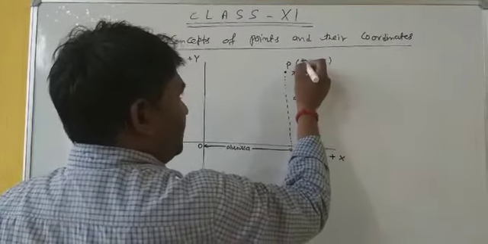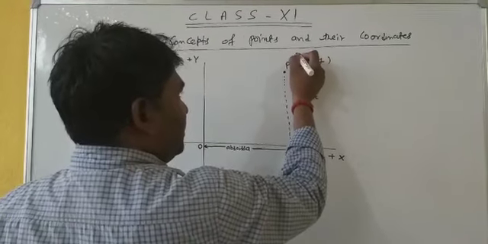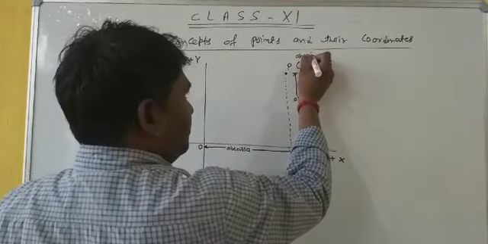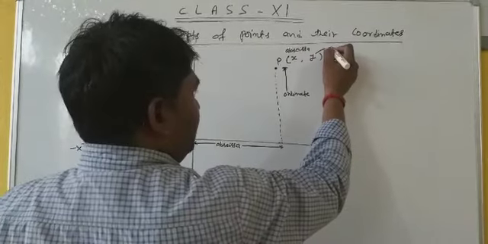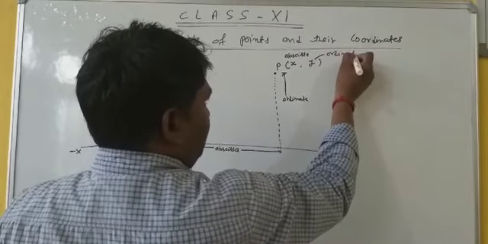Here this is the abscissa and this one is the ordinate.